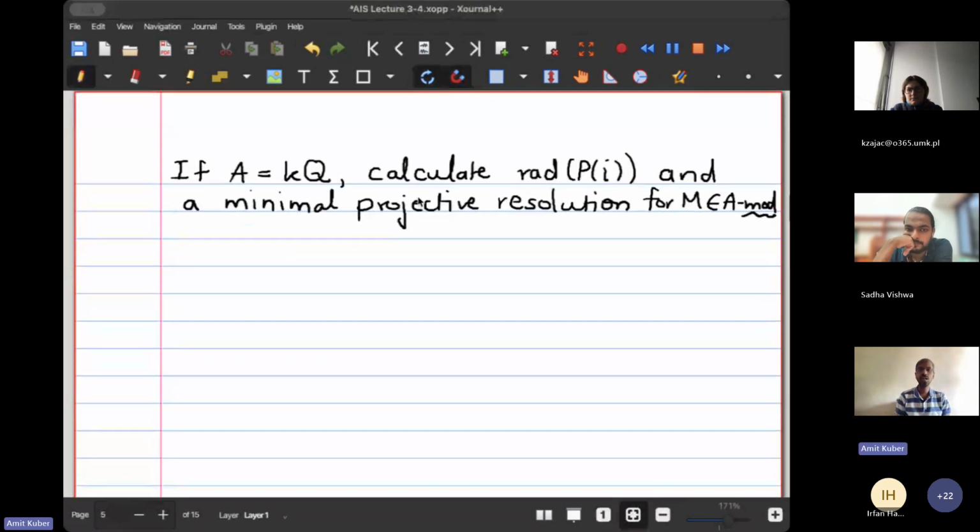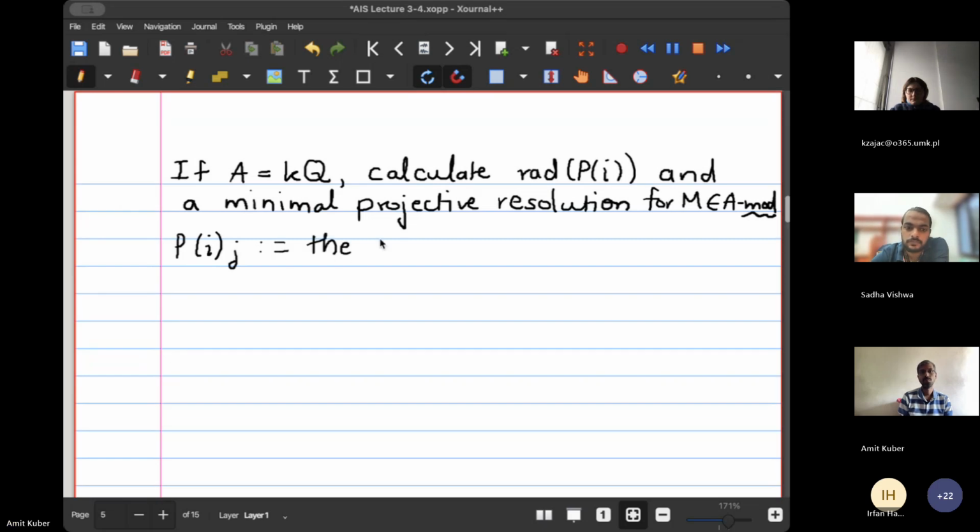If K is equal to KQ, then first of all, let us try to calculate the radical of Pi. Do you remember what Pij is in this case from Upendra's lectures? So Pij is the K span of what? Paths starting at i and ending at j.